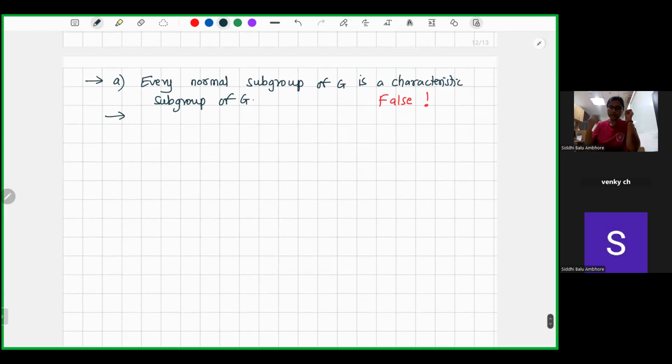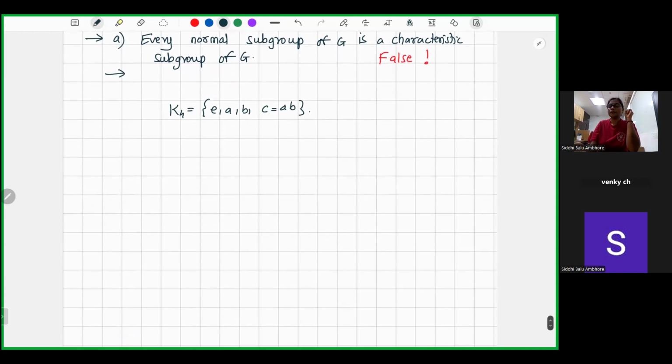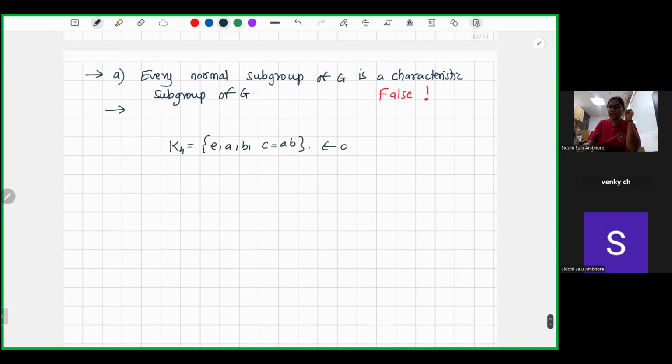Okay, so we'll start with a simple group. This is not true. So we will start with K4 with elements E, A, B, and AB, which is my C. This is an abelian group. Therefore, every subgroup is a normal subgroup.